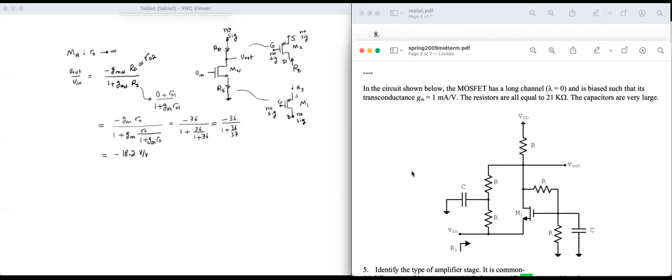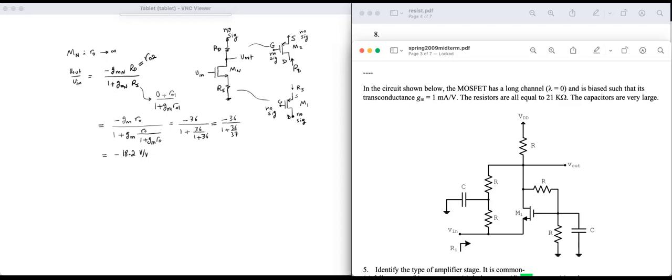So for the MOSFET, there's only one, M1; RO is infinite and GM is 1 milli. All the resistors are 21K, so all the R's are equal to 21K.